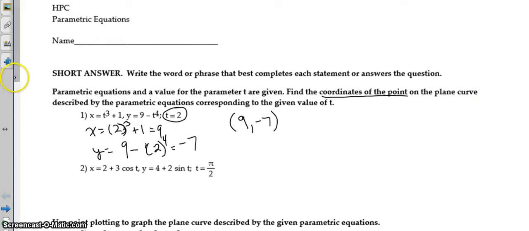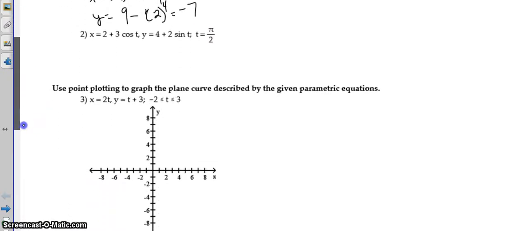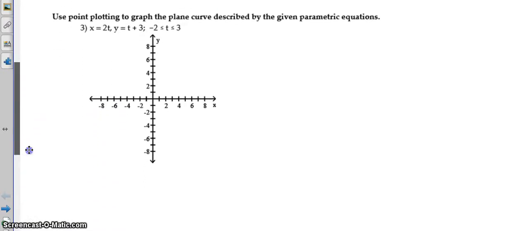Okay, so let's look further down. Let's look at number 3. Let's plot the graph only from negative 2 to 3 for t.